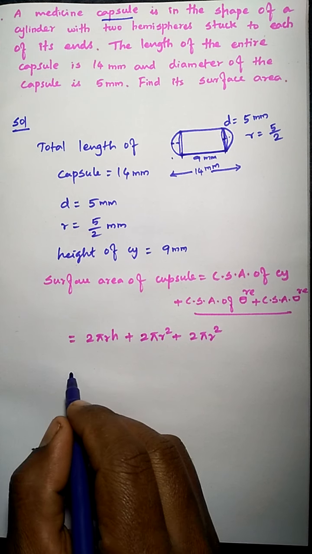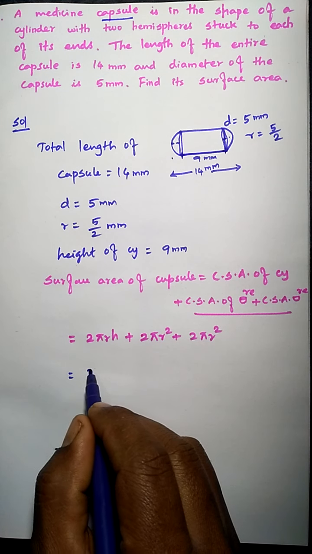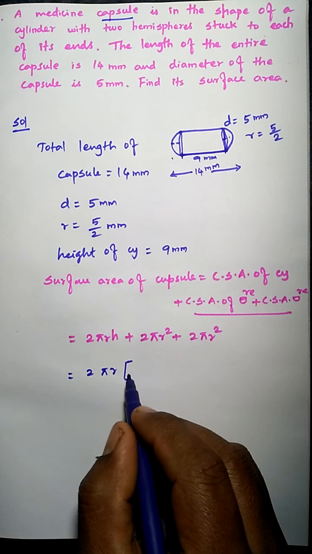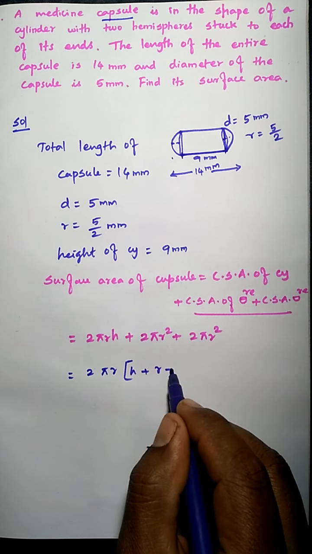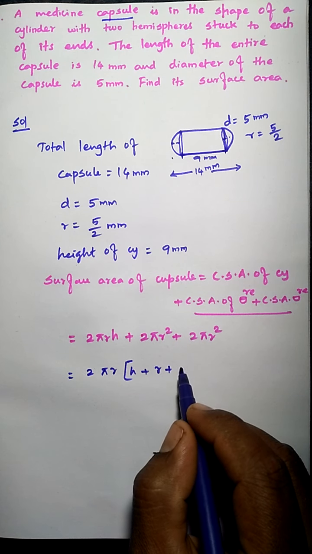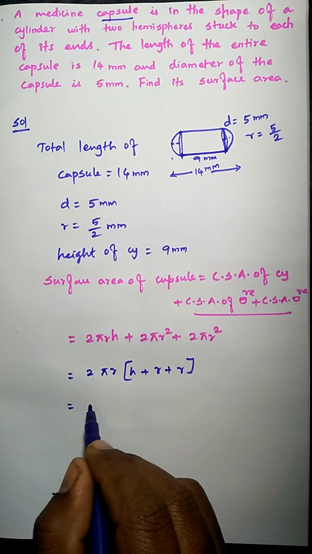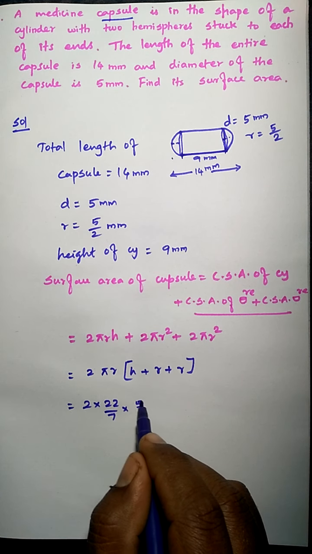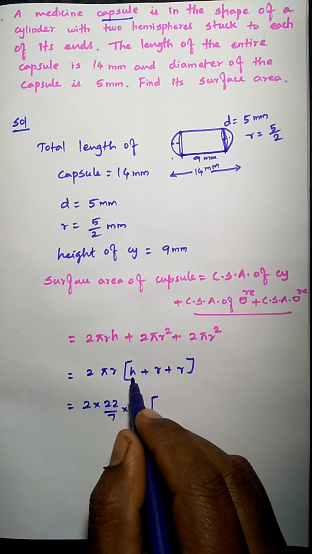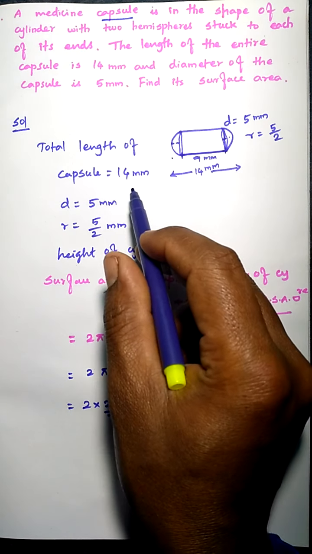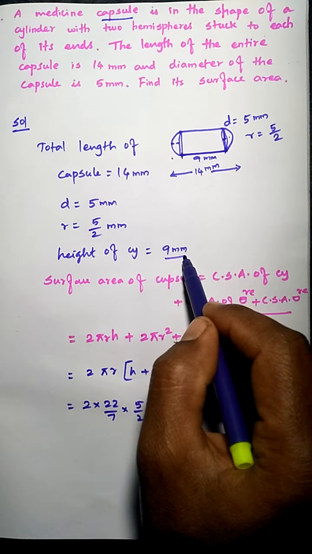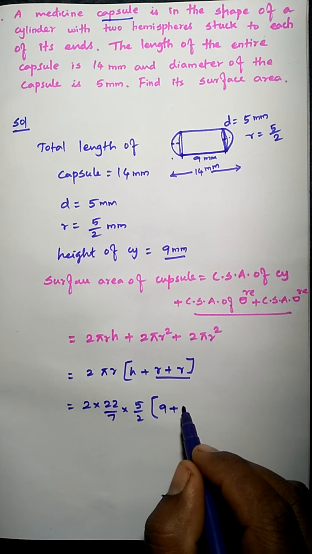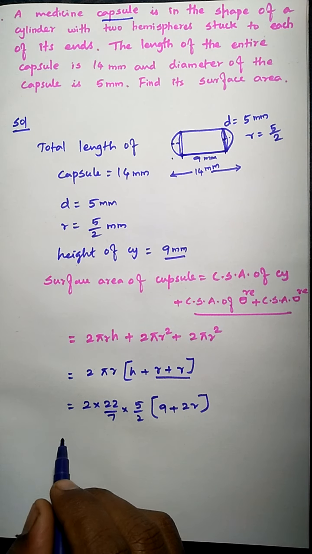Now let's simplify this. If you take 2 pi r common outside, here we have h, here we have one r, and here we have one more r left. Now 2 into 22 by 7 into radius 5 by 2 into the height of the cylinder h, 9, plus r plus r, 2r, then you can apply once again.